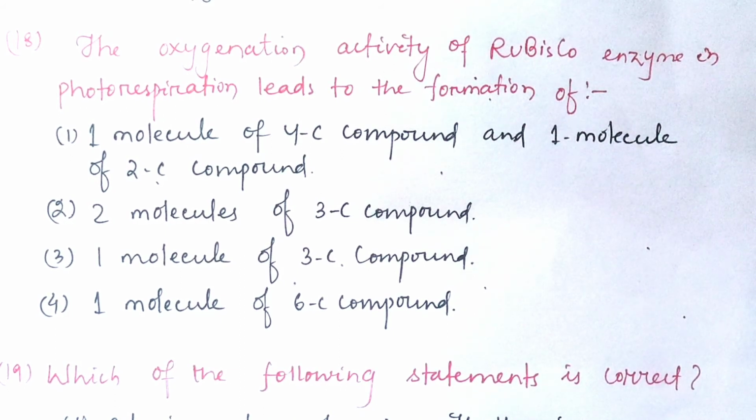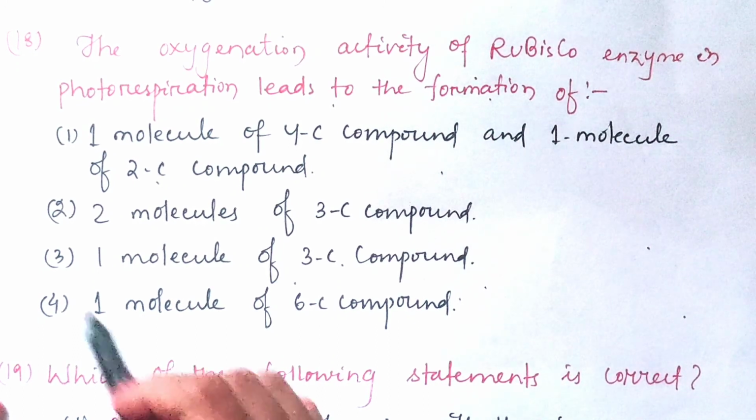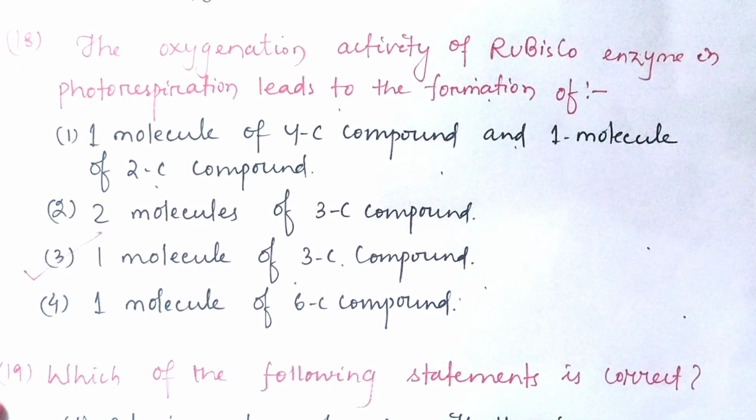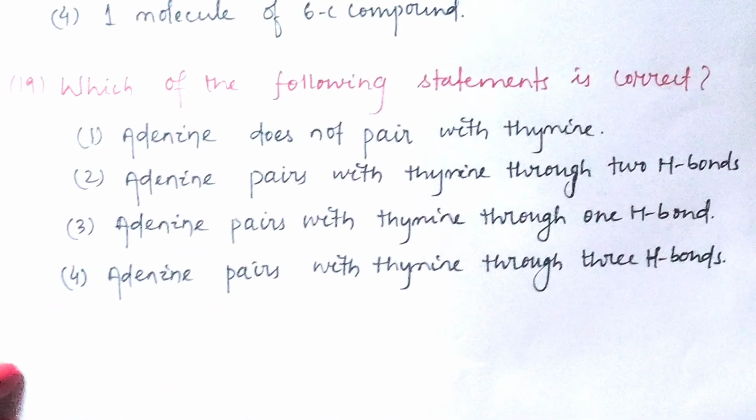And option 4. 1 molecule of 6 carbon compound. So, Rubisco enzyme in photorespiration leads to the formation of 1 molecule of phosphoglycerate, which is a 3 carbon compound. So, the correct option is 1 molecule of 3 carbon compound.